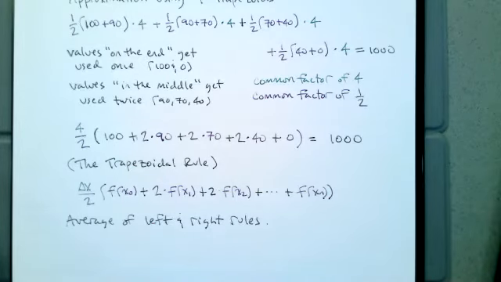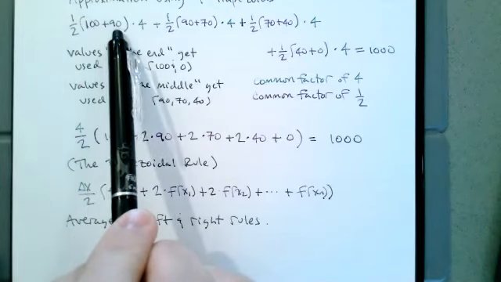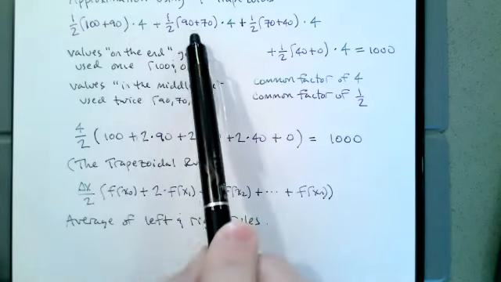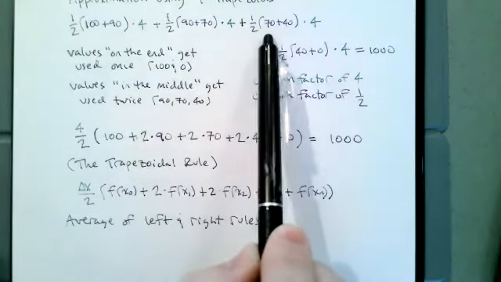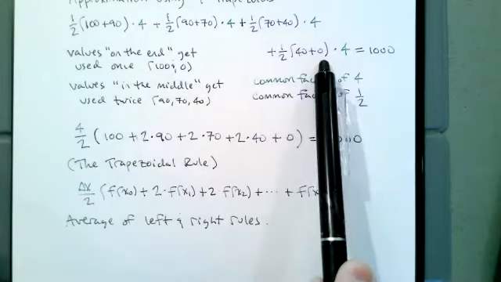Notice that in each of the trapezoids, I'm finding the average of the value on the left and the value on the right. So in each set of parentheses, I've got a left and a right. Then 90 is the left, 70 is the right. Then 70 is the left and 40 is the right. Then 40 is the left and 0 is the right.